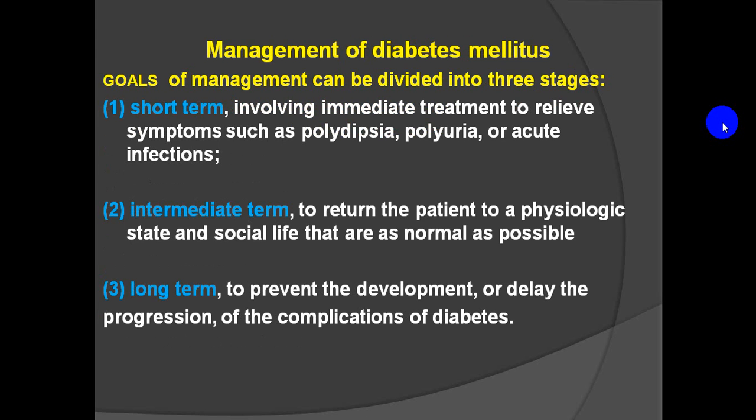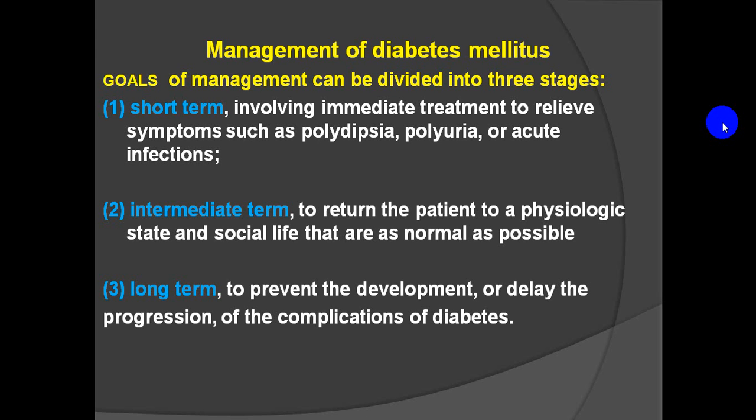Now, after we are sure that the patient has diabetes mellitus, the next step is how to manage. And the goals of management can be divided into 3 stages. Number 1, short term. By short term, we mean immediate treatment to relieve symptoms such as polyuria, polydipsia, acute infections, and so on.